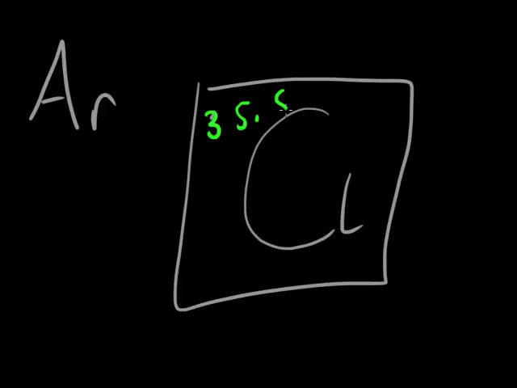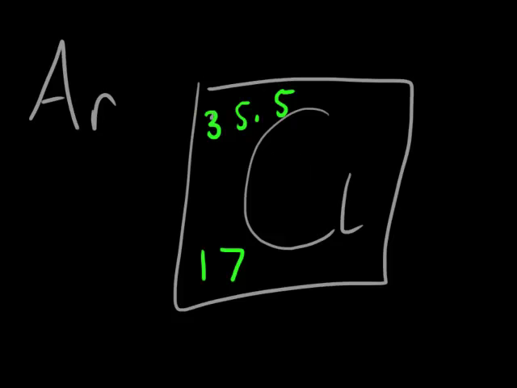If we look on the periodic table, for example, if we find chlorine in group 7, Cl, we usually find the relative atomic mass somewhere around here. Let me use green, chlorine's usually greenish. For chlorine it would be 35.5, and I think this would be 17.